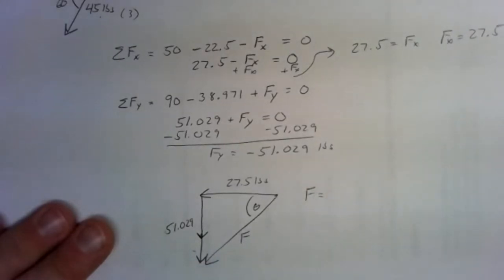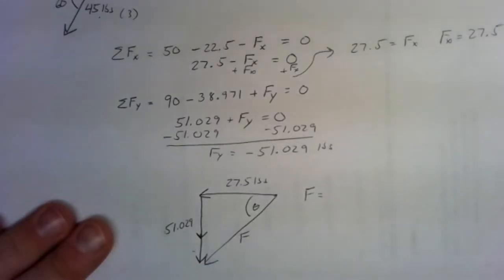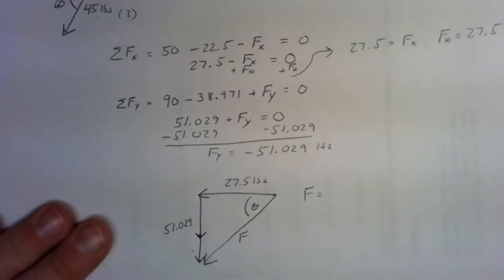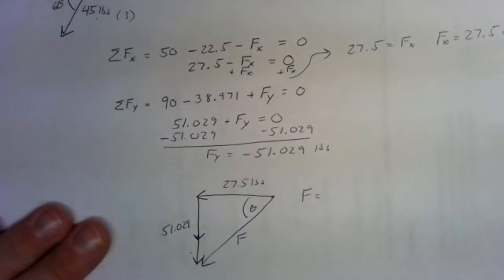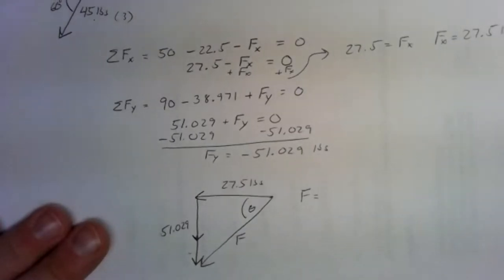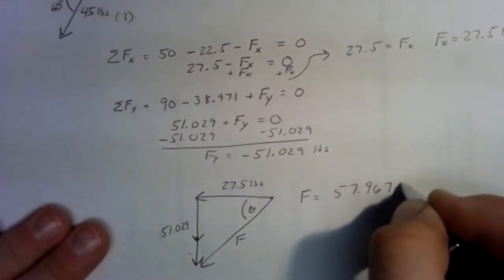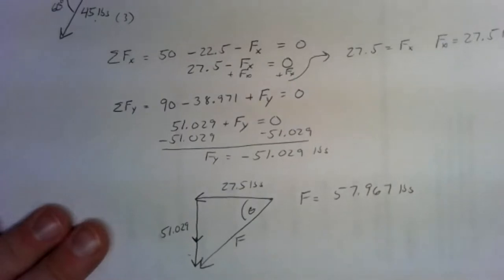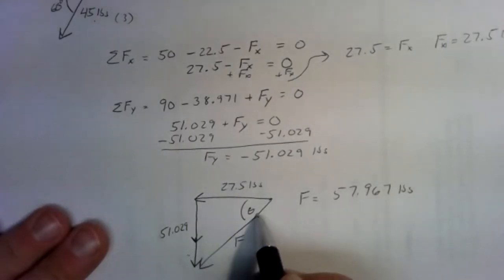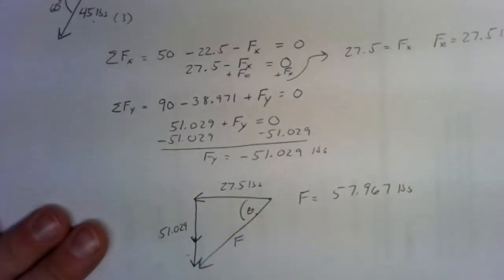So we'll get our magnitude from the Pythagorean theorem. We'll take 51.029 and square that. We'll take 27.5 and square that. Add them together, take the square root, and we get 57.967 pounds for our magnitude. Our angle, inverse tangent of opposite over adjacent.